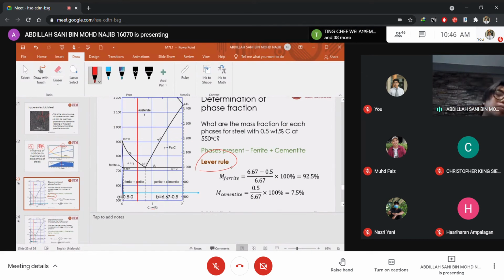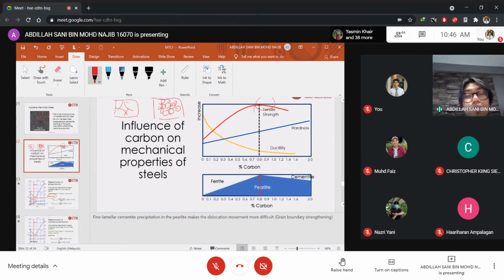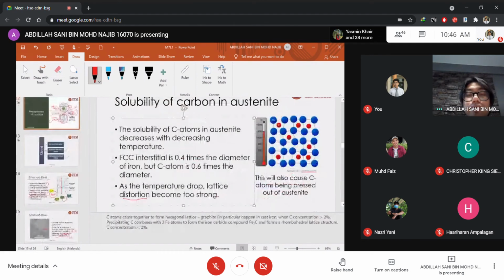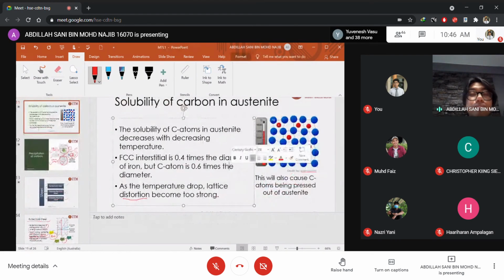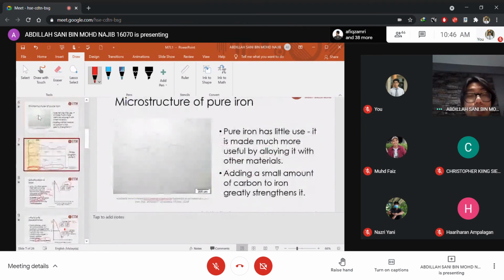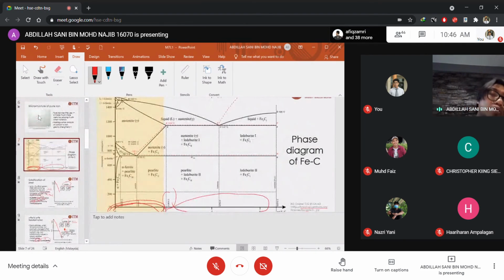To evaluate that, you have to refer to the phase diagram. This is the area that we are talking about, all this area.